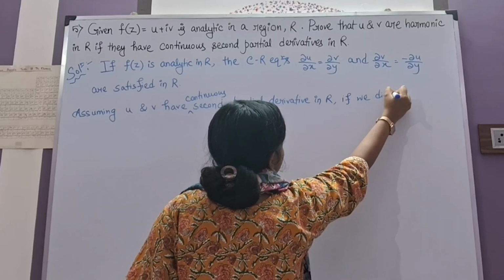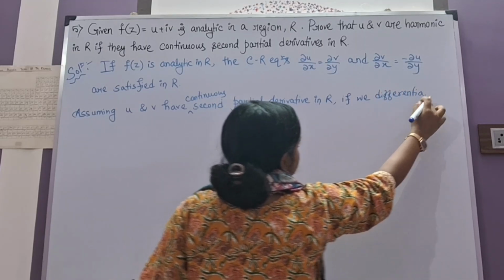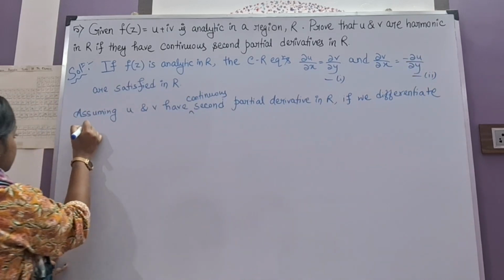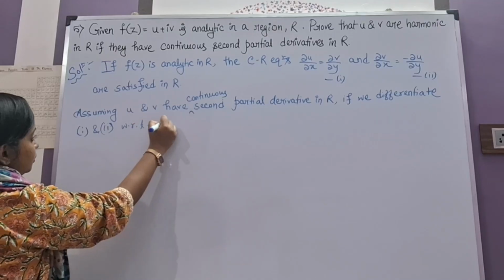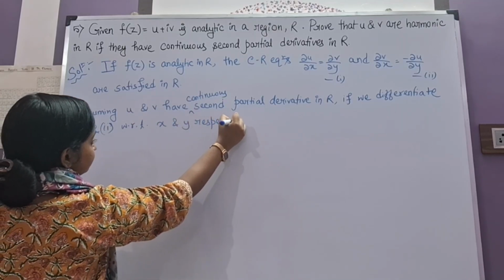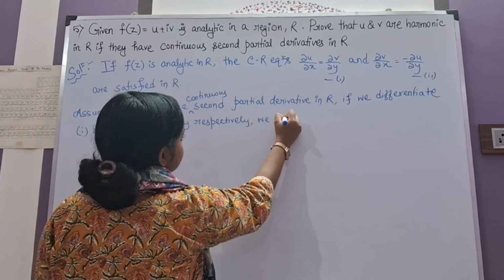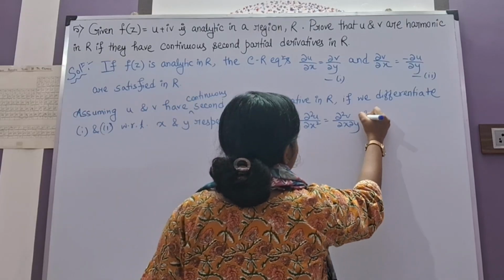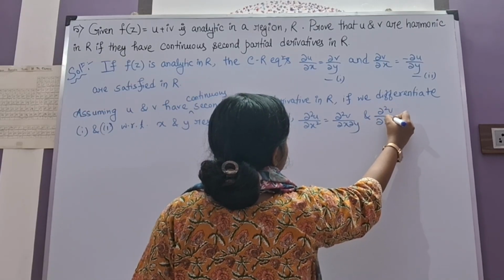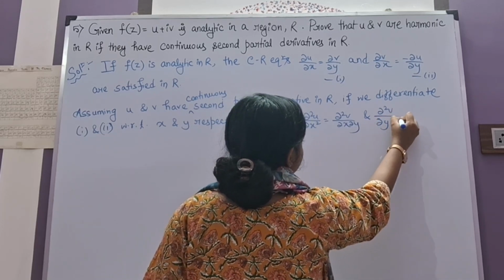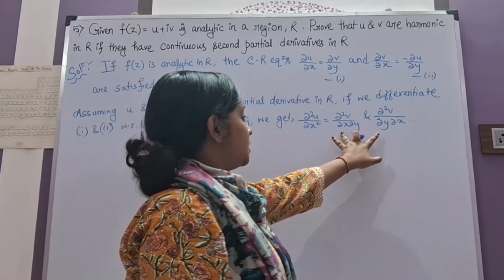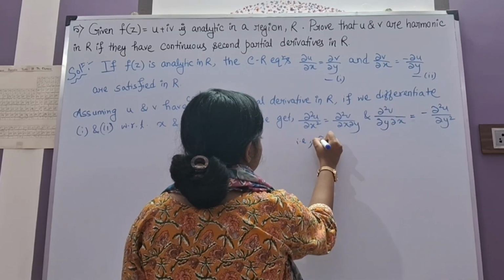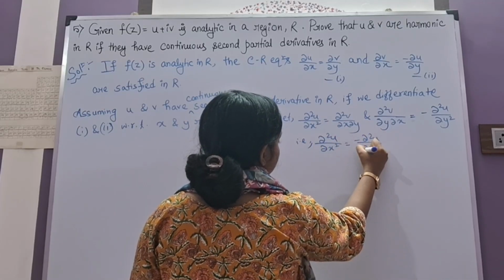If we differentiate, let's mark it 1 and this 2, 1 and 2 with respect to x and y respectively, we get del 2u del x2 equals del 2v del x del y and del 2v del x del y, sorry, it is going to be del y del x, and since it is continuous, we know del x del y and del y del x are both the same, equal to minus del 2u del y2.